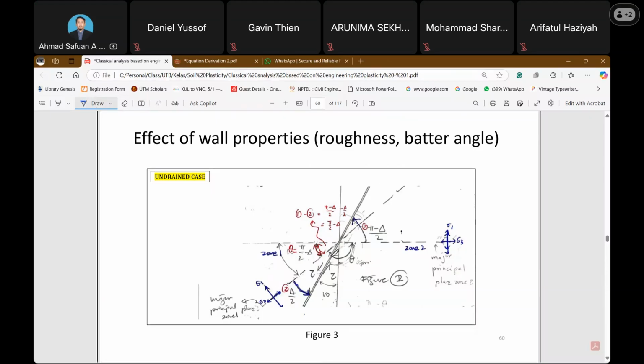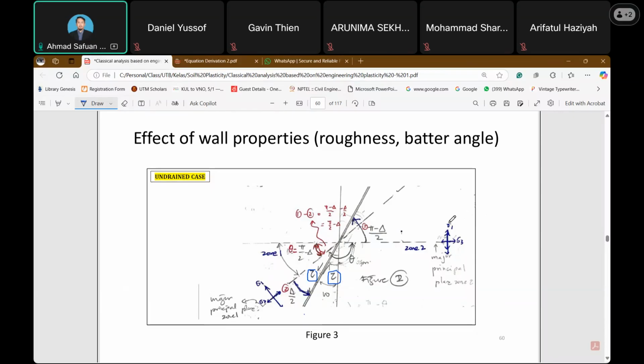Then we try to illustrate the major principal plane for zone number 1 here and zone number 2 on the next side.